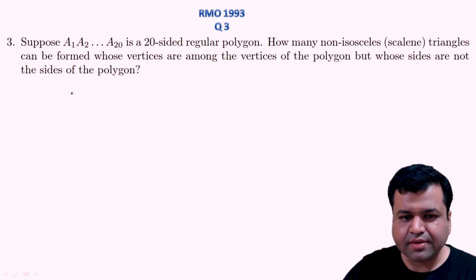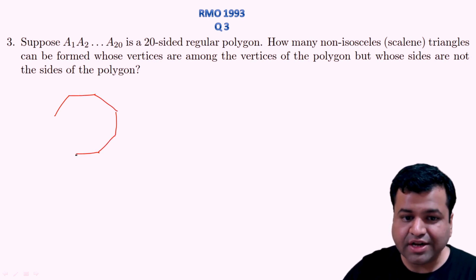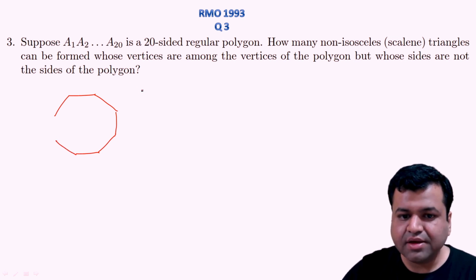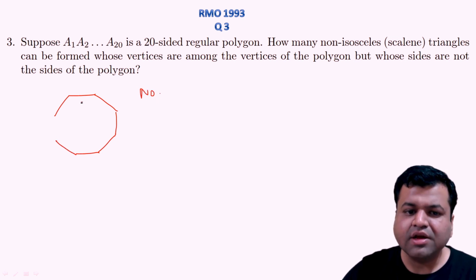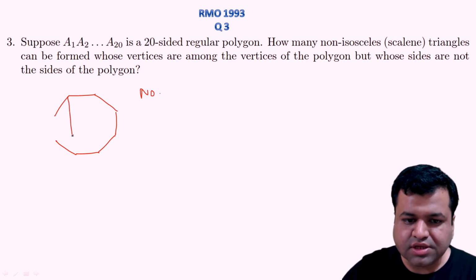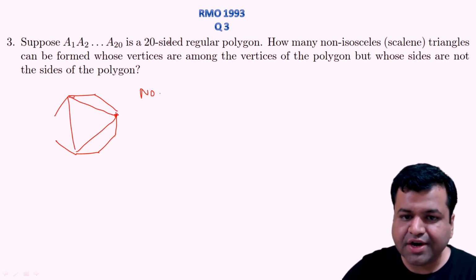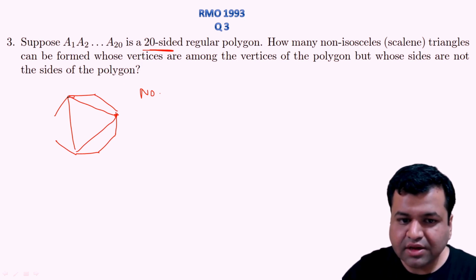Can there be an equilateral triangle which has the vertices as the vertices of the regular 20-sided polygon, right? The answer will be simply no, right? Because let's assume this is the equilateral triangle, okay, which has all the vertices on this 20-sided polygon, right? So since this is an equilateral triangle, 3 vertices have already been consumed, okay?